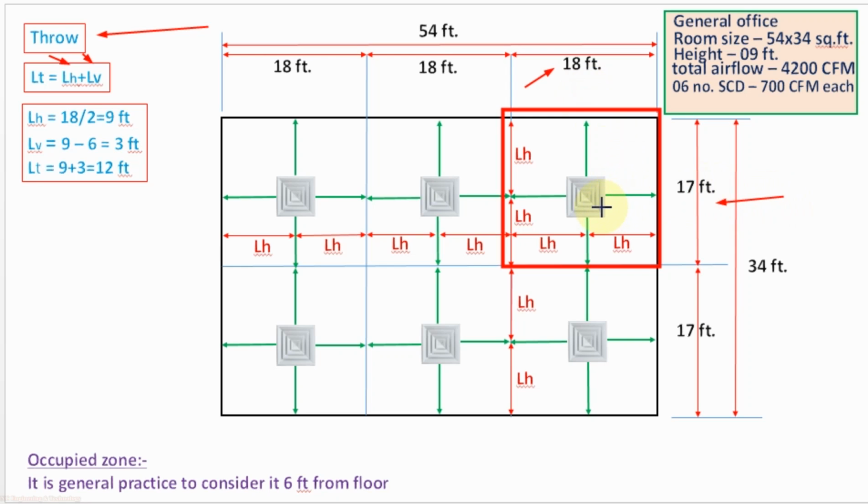This diffuser is supplying air to right, left, up and down. So the horizontal throw will be half of this 18 feet, that is 18 divided by 2 equal to 9 feet.